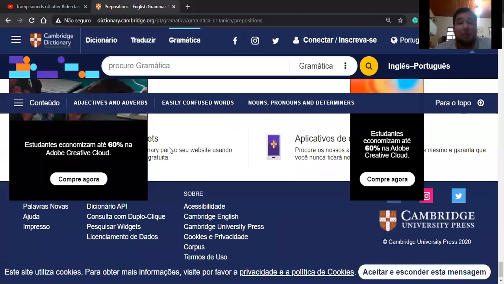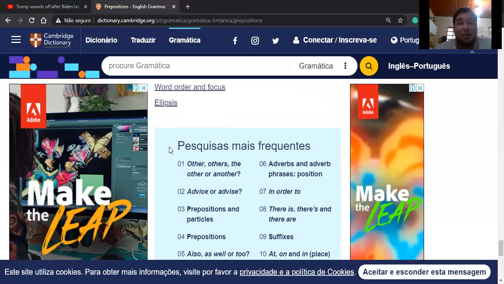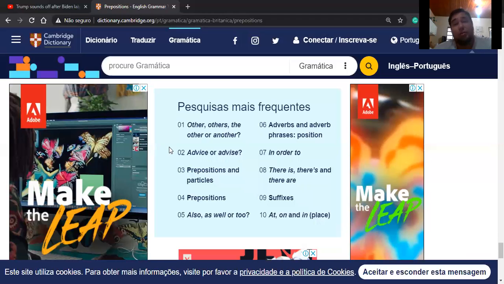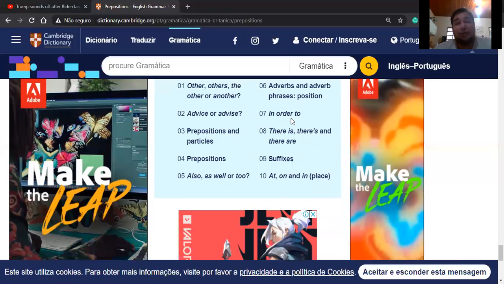Here are some pesquisas mais frequentes. Other, others, the other, or another. Adverbs and adverb phrases, position. Advice or advise. In order to. Prepositions and particles.